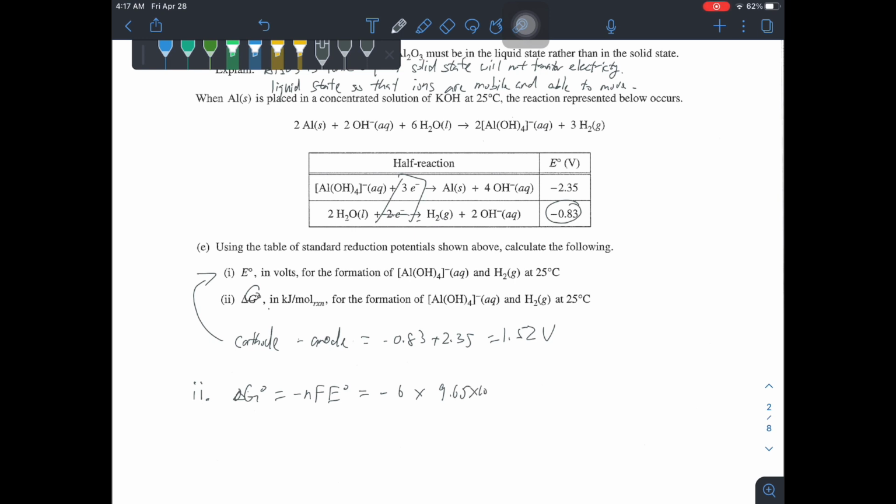So in this case, it's 6. And we times the Faraday number, then we times the voltage we get from part E. And the final answer will be negative. So this will be our final answer.